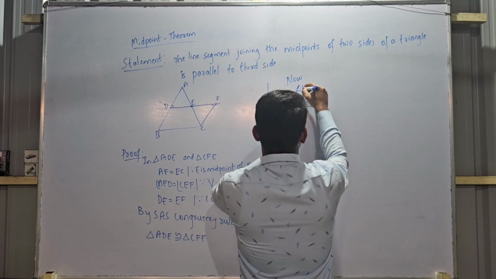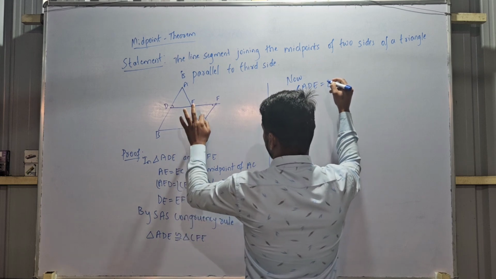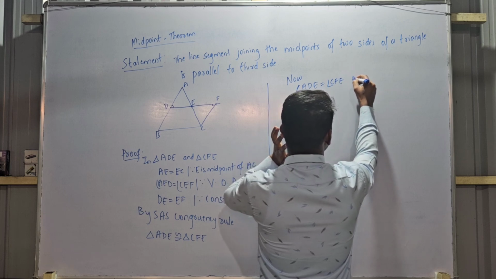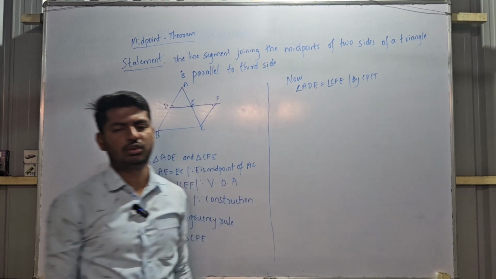Angle ADE is equal to angle CFE by CPCT, that is, corresponding parts of congruent triangles.